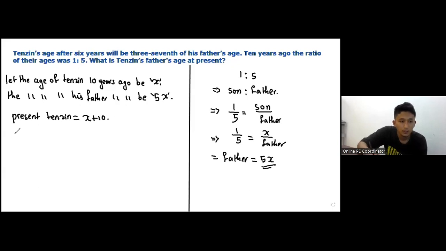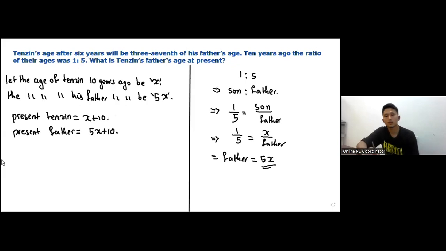The present age of the father will be 5x plus 10. Remember, 10 years ago Tenzin's age is x, so the present age is x plus 10.